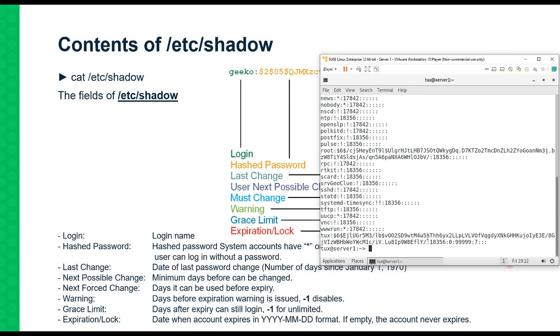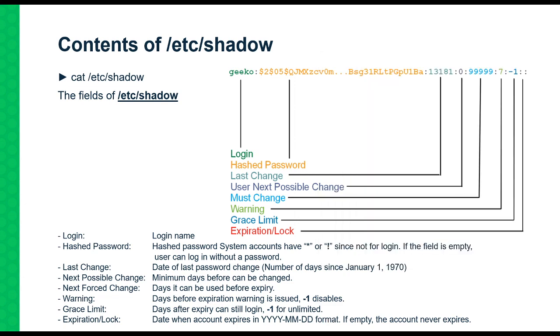And then we've got our last change over there. Then we've got our next possible change and our forced change. And we've got the warning time and the grace limits. All of the others are not set. Okay, everybody got that? Let's carry on with our next slide.